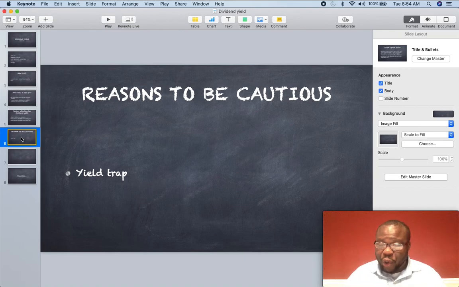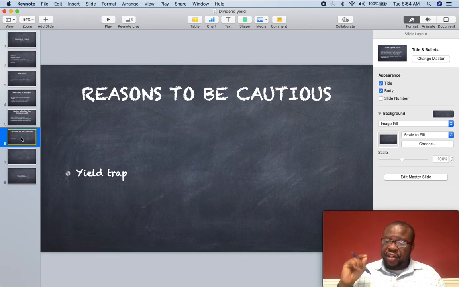The reason you've got to be cautious is that the dividend yield could be that high because the share price is dropping. Especially when you start doing your research and looking quarter over quarter.